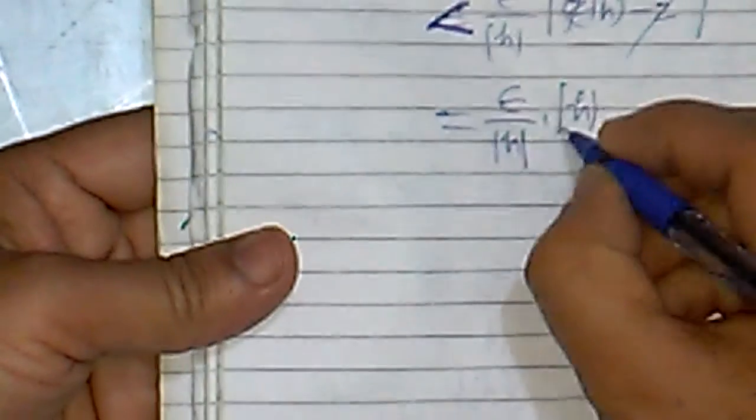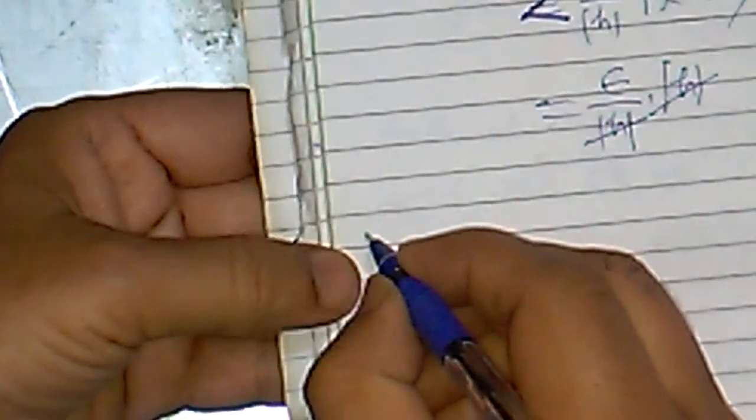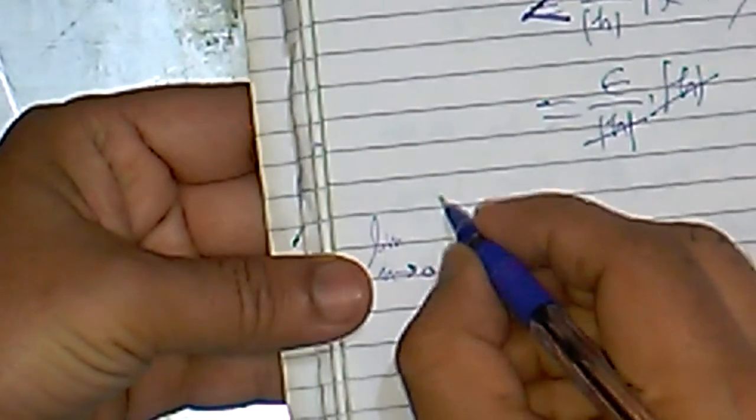Here this sign cancels out, mod of h cancels out. Therefore, now applying the limit h tends to 0, which means z and z plus h are very near to each other, we apply this limit and get our required result.